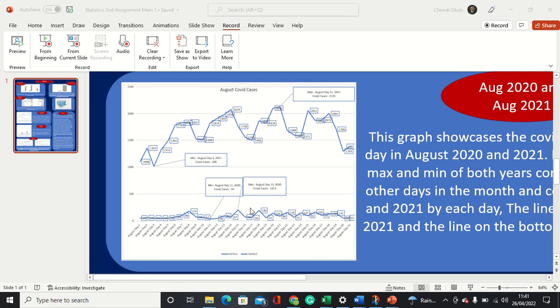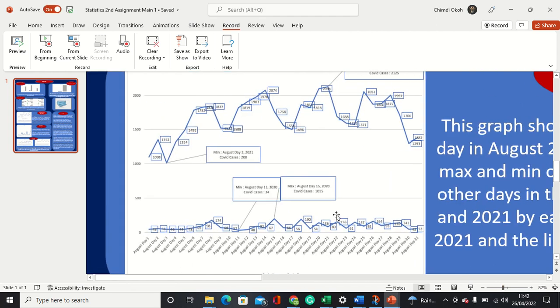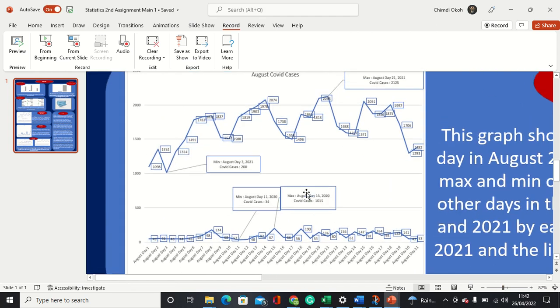And again, we can see that 2021 is much higher. What this tells us is that lockdown was very effective in keeping COVID cases to a minimum. To see this better, we can zoom in. Here you go.